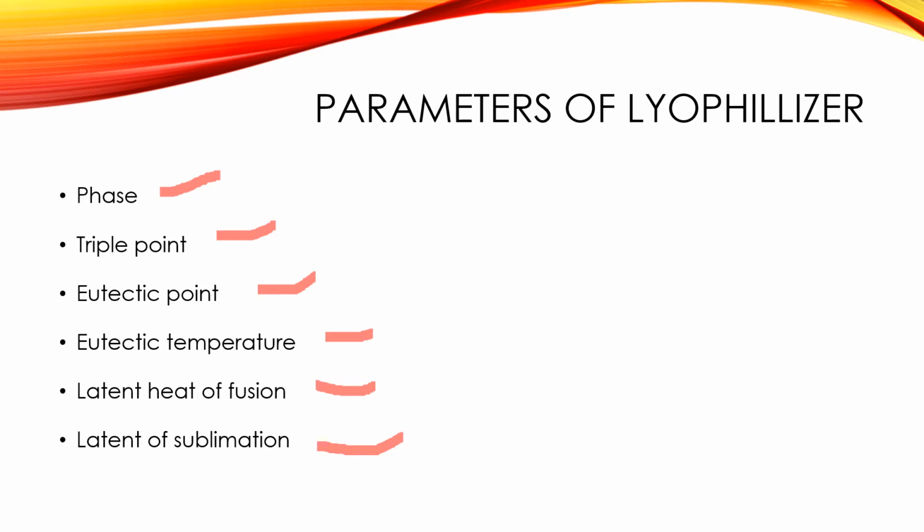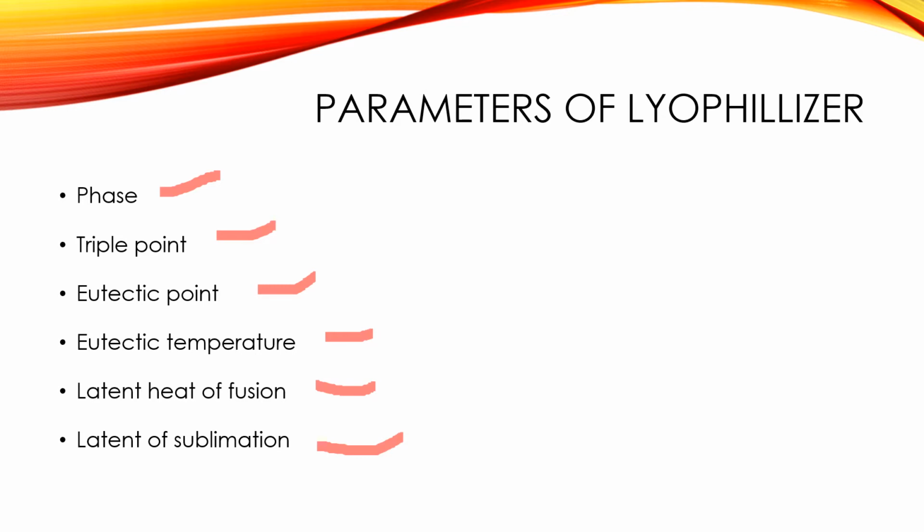Then the next parameter is latent heat of fusion. It is the amount of heat necessary to convert a unit mass of a substance from solid state to liquid state at a temperature and pressure allowing the coexistence of the two phases, known as the latent heat of fusion.